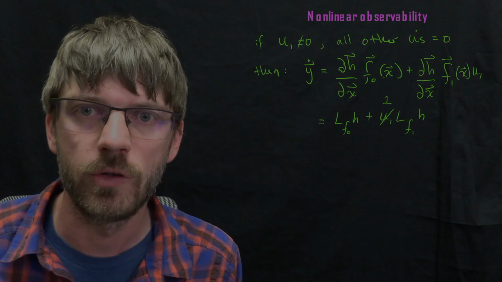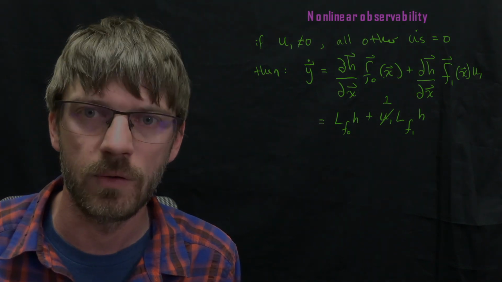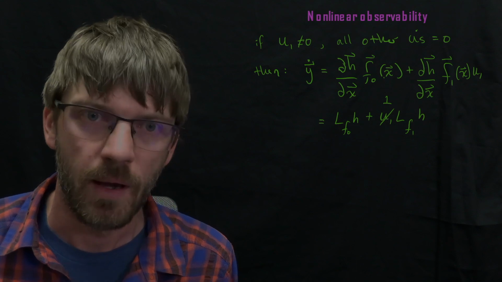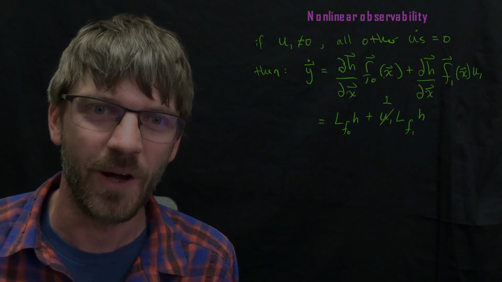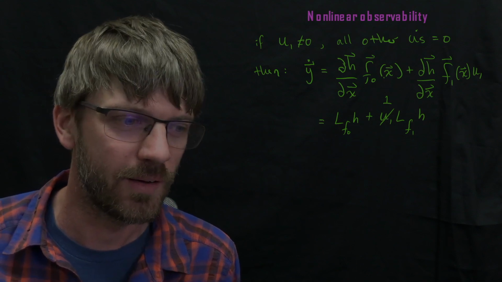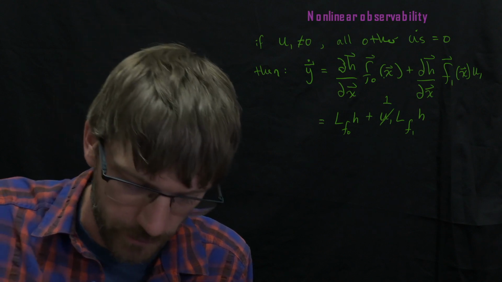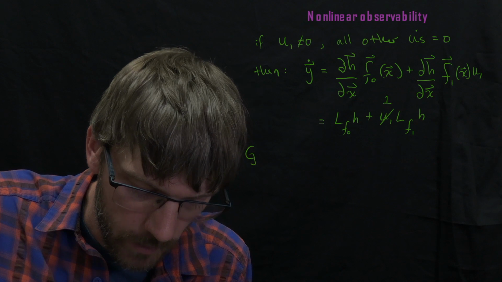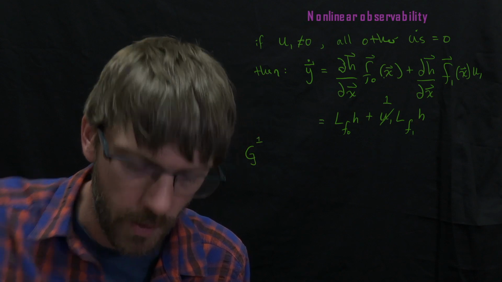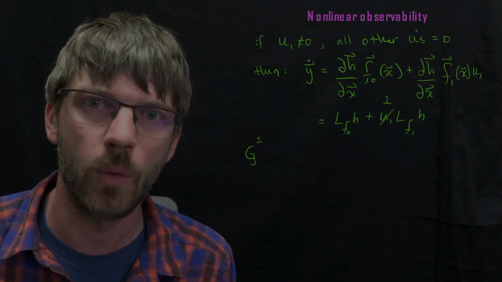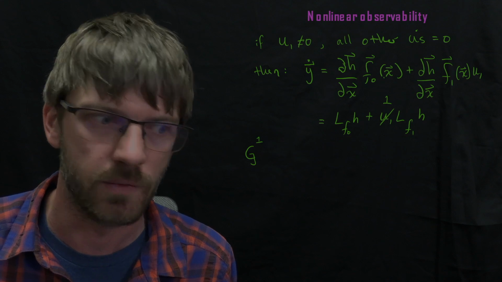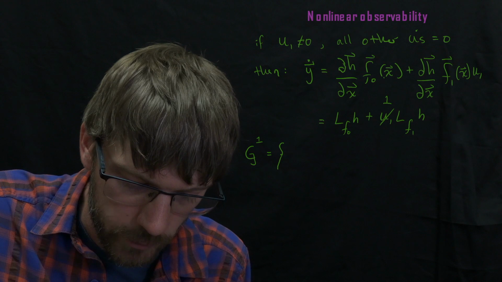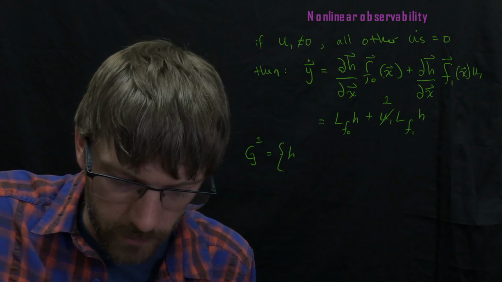Now you could imagine doing this for every single control input that you have. And in the future, we'll talk about all the different kinds of combinations. So if you were to do this, we're going to call that collection of things that you would get G, and I'm going to put a little 1 up here to note that this is only considering the first derivatives. So this is called the observability Lie algebra, and we'll have h.